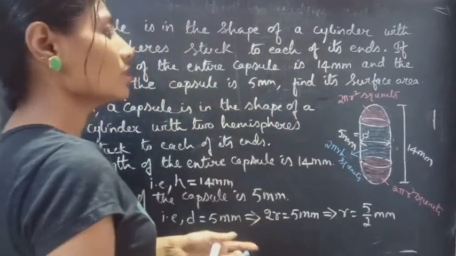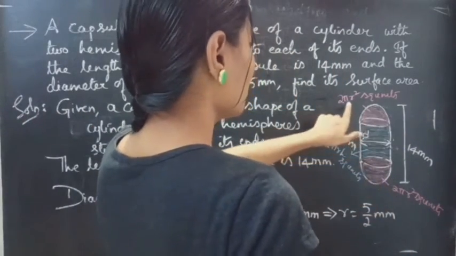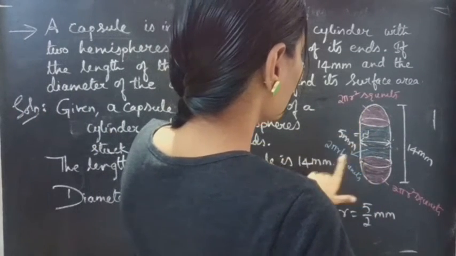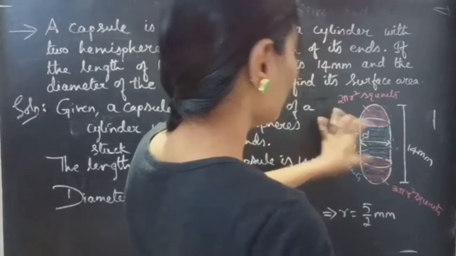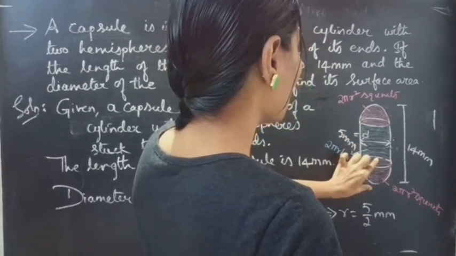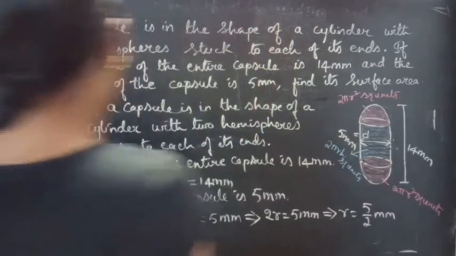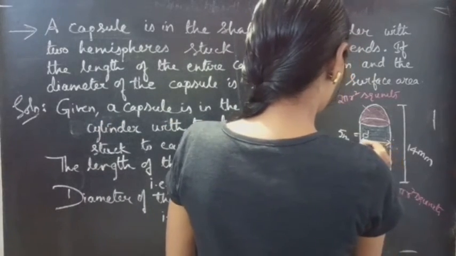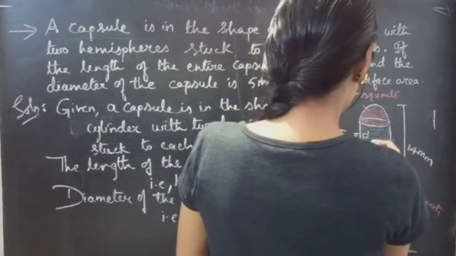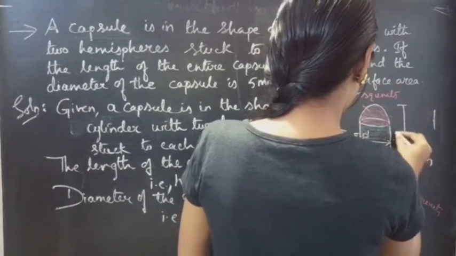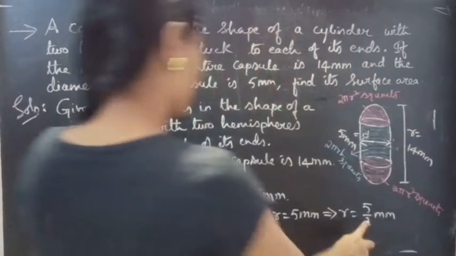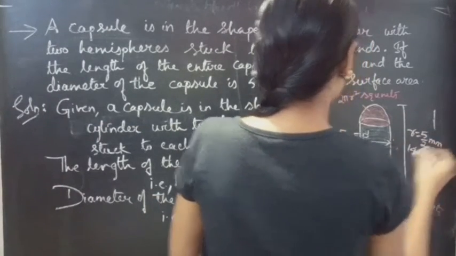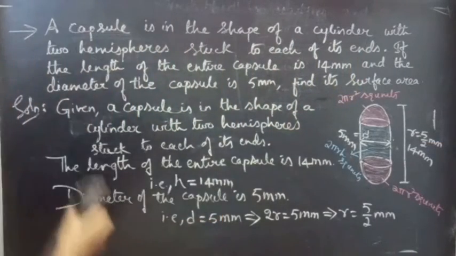So the total surface area of the capsule will be 2 pi r square units plus 2 pi r h square units plus 2 pi r square units. We have the radius, r equals 5 by 2 mm.